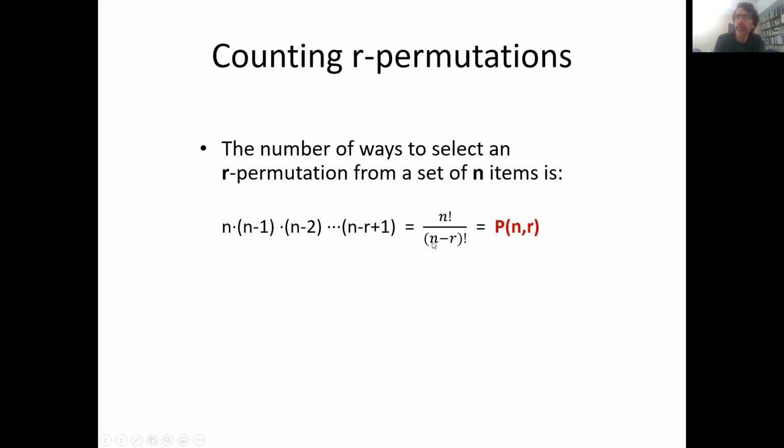So you divide by (N minus R) factorial. And there is a symbol we use for this. It's the number of permutations in a set of N of length R, and it's equal to this arithmetically.